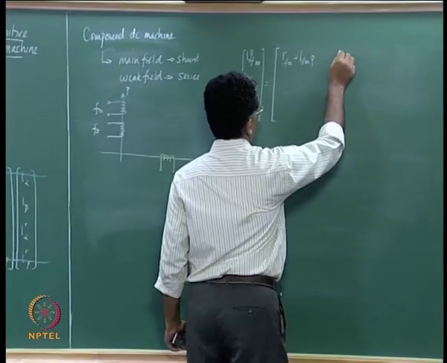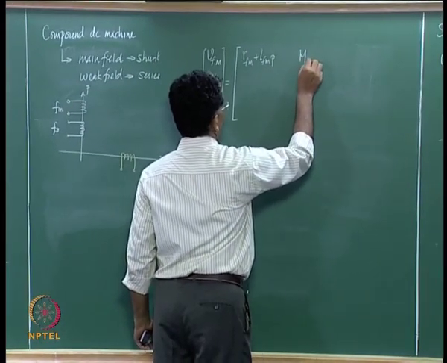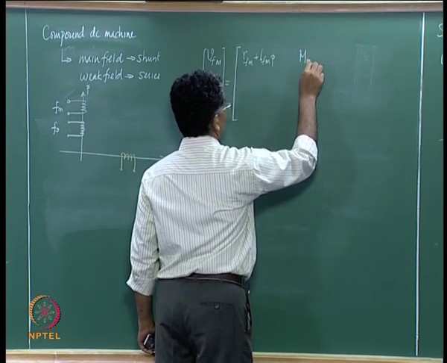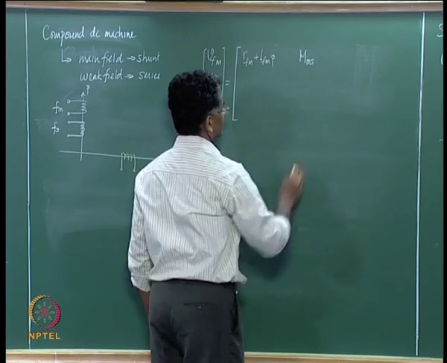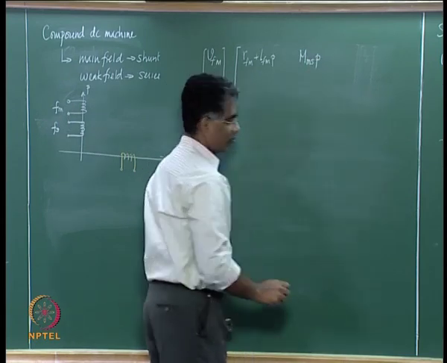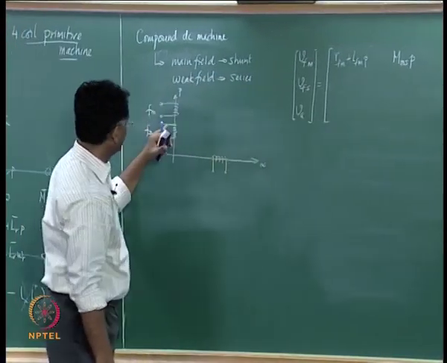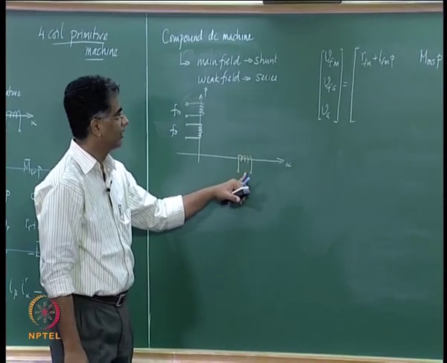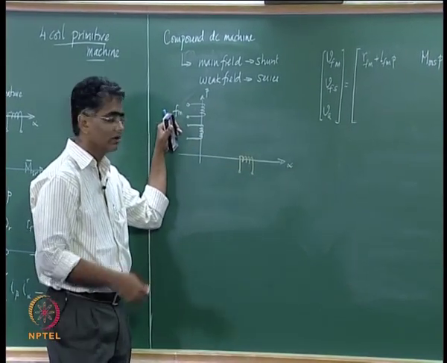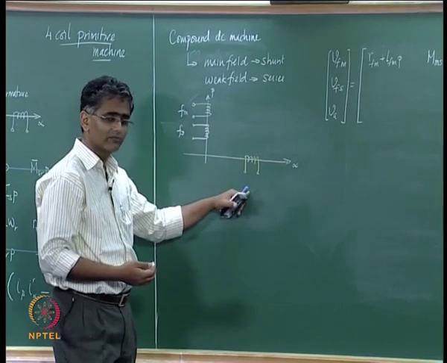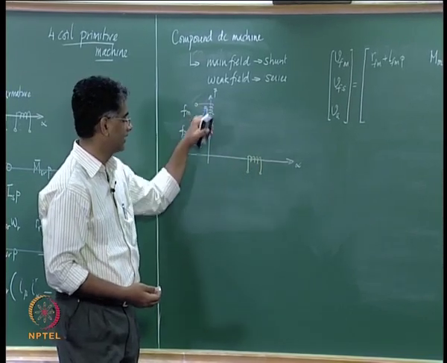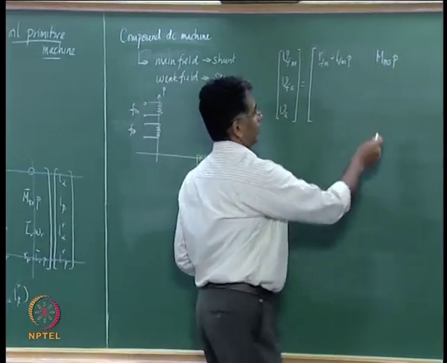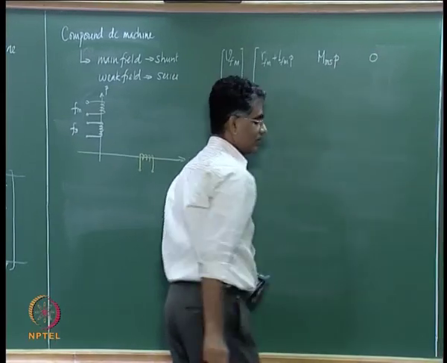So, you have mutual, we will call that mutual between main and series field times P, and then you need to look at how this is going to be affected by this current. This is a stationary coil, therefore there is no speed EMF, and this coil is at an axis 90 degrees to this, there is no di by dt MMF and therefore EMF, and therefore this term is simply 0.